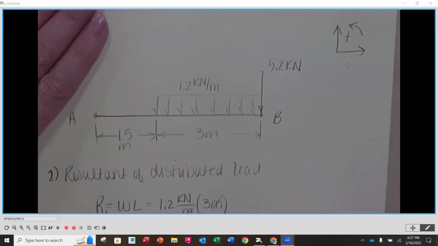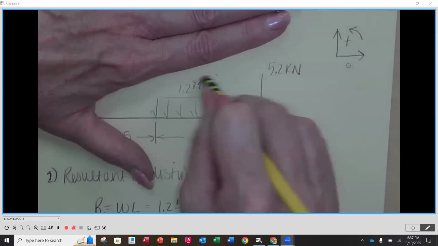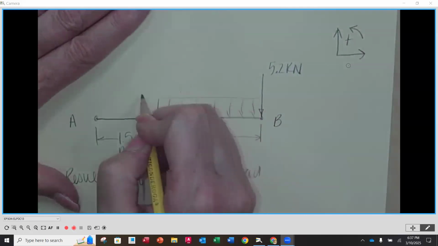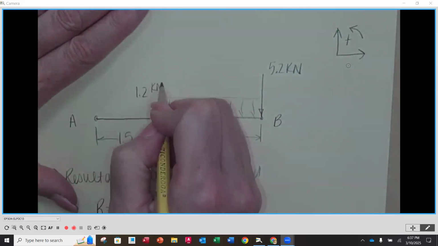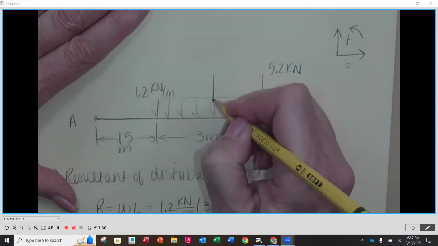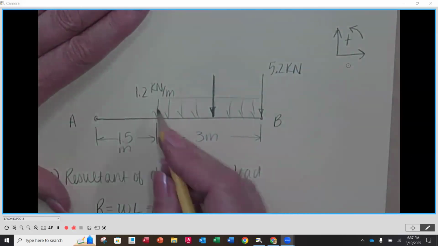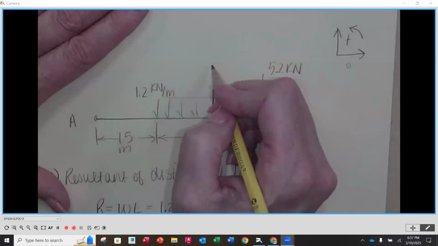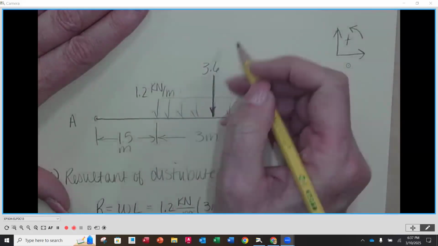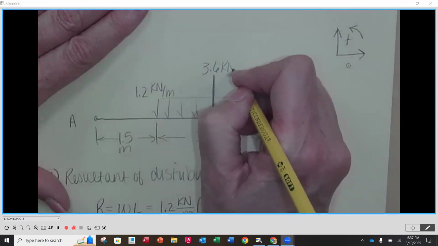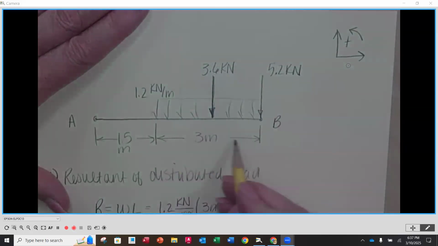Now if I go back up here, where that's going to be located, I'm going to move this over a little bit. So this was 1.2 kilonewtons per meter. Its location is going to be right in the middle of that distributed load, since it's an evenly distributed load. So we can replace that with 3.6 kilonewtons, located half the distance from one side or the other.